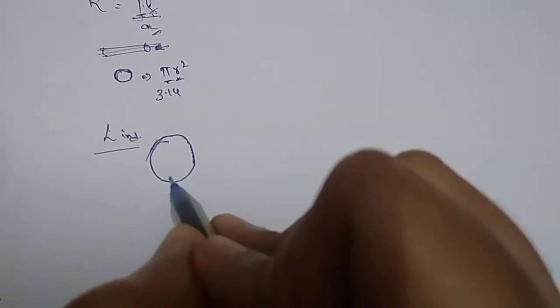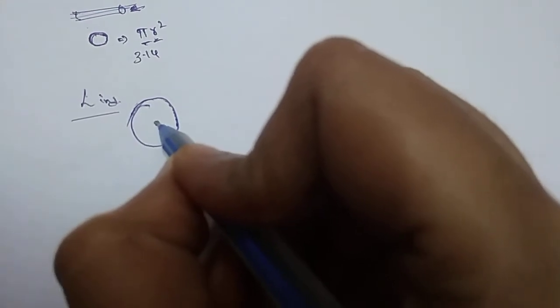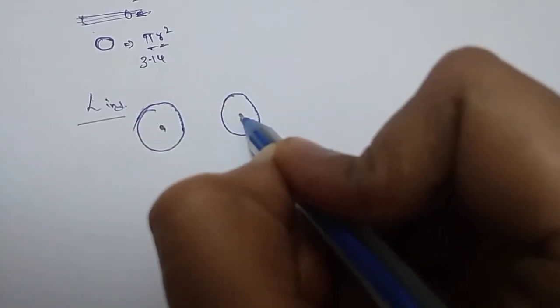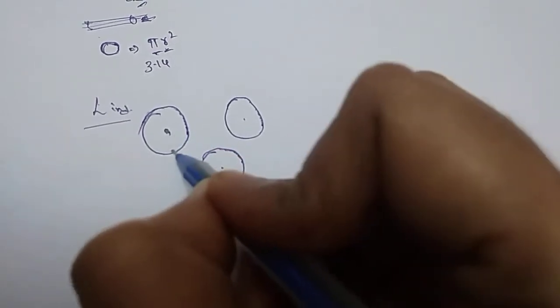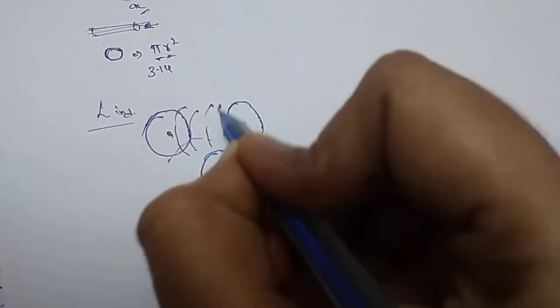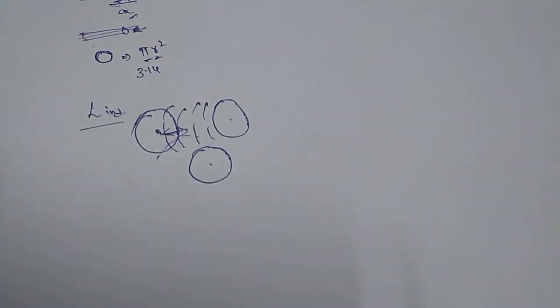For example, if I am considering any conductor, the magnetic flux lines are not only because of this same conductor; because of the other conductors also, some magnetic flux lines flow through it. We will consider those magnetic fluxes also.